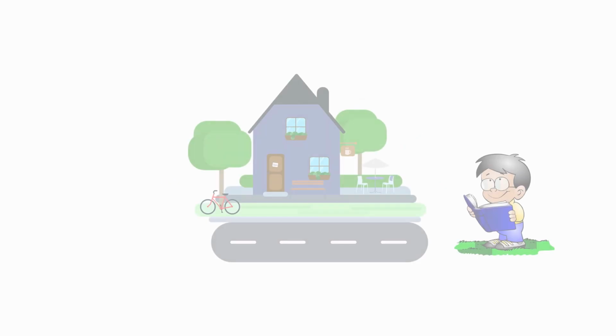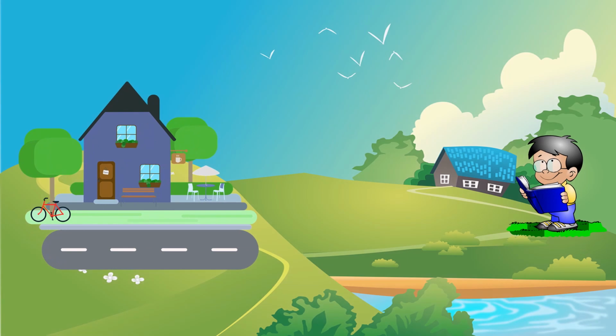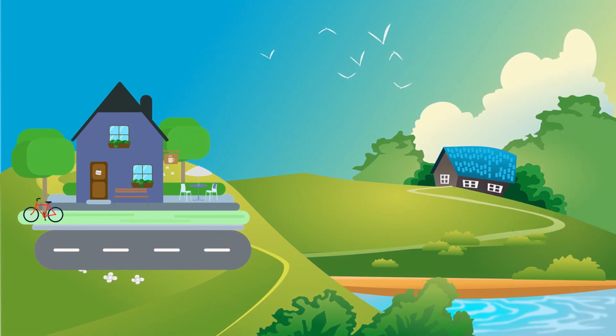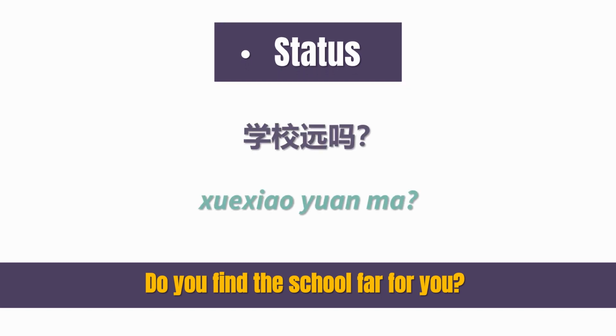The school could be far for you, but not far for someone else. So this question is not about the truth, but your opinion. If you see it this way, someone is actually just asking, do you find the school far for you? That is why a 是的 could sound correct, but a better answer would be your opinion.